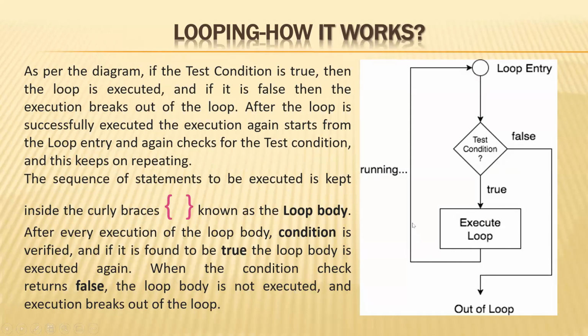Then the loop entry will test the condition again. If it is true again, it will execute the loop again. At last the test condition becomes false, and you come out from the false part of the test condition and exit the loop.